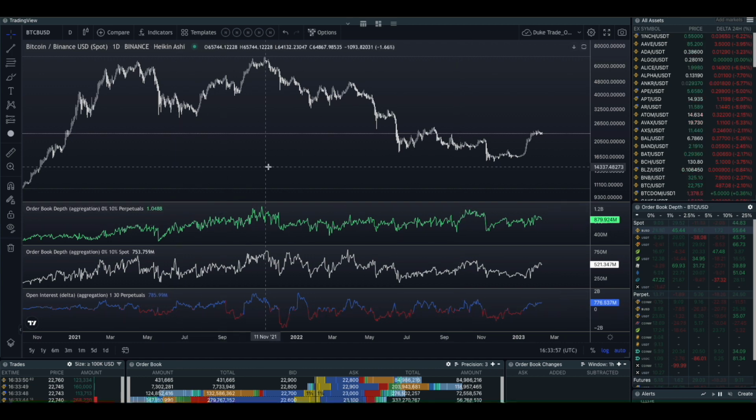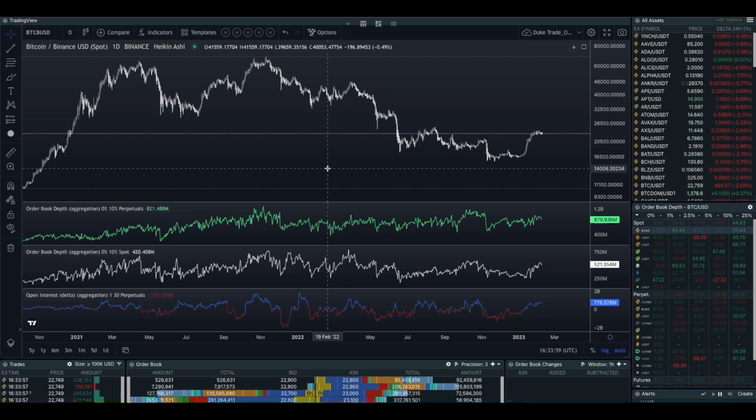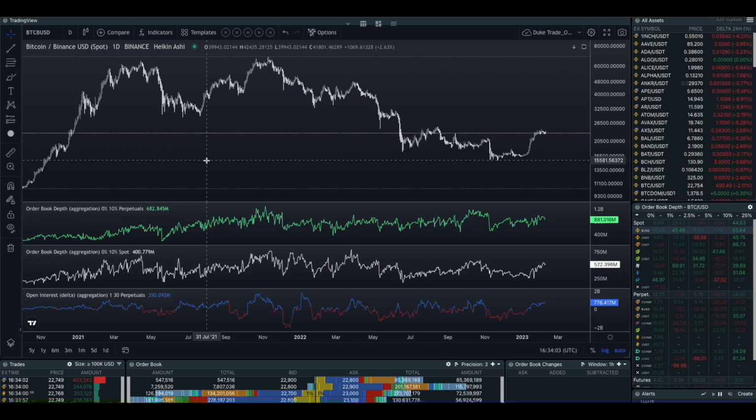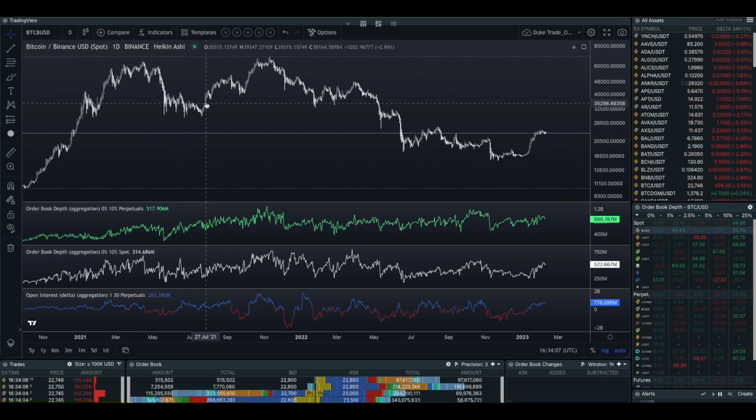If we just have a look at certain areas here, we can see what's going on. If we look at, say, these areas here at all-time highs, what can we see? The first all-time high there back in 21, around that 62k mark.